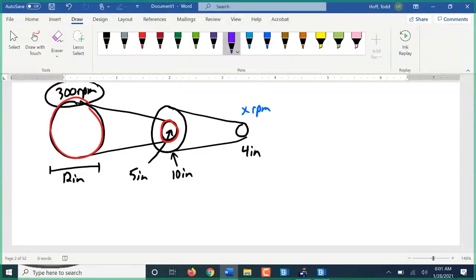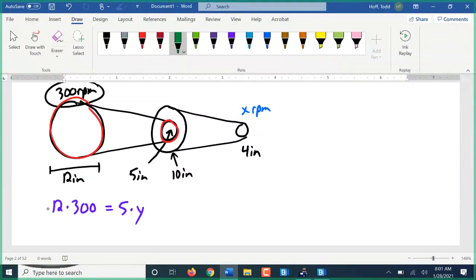So it's going to be that constant product. Again, it doesn't matter whether I do RPMs times diameter or diameter times RPM. Here I was at 12 times 300, so I did diameter times RPM. So I have to do the same on the other side here, diameter of 5 times RPM of, we're going to call that Y, not X, so I don't use the same variables twice.